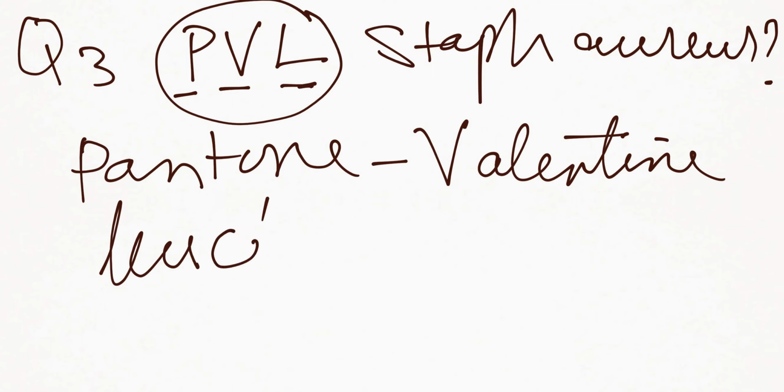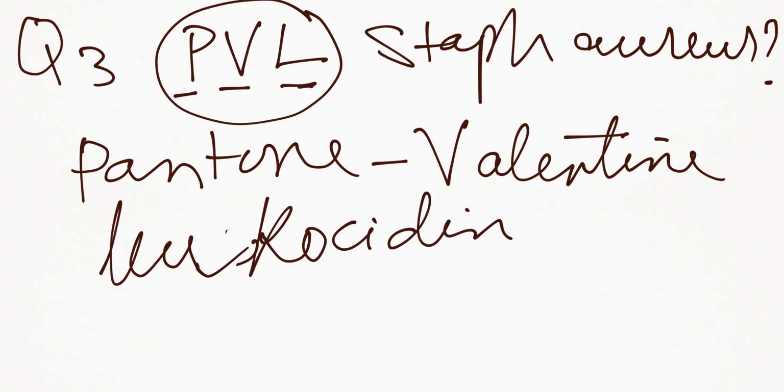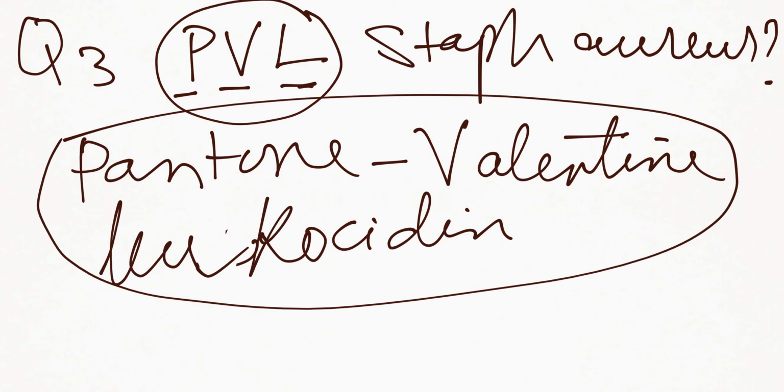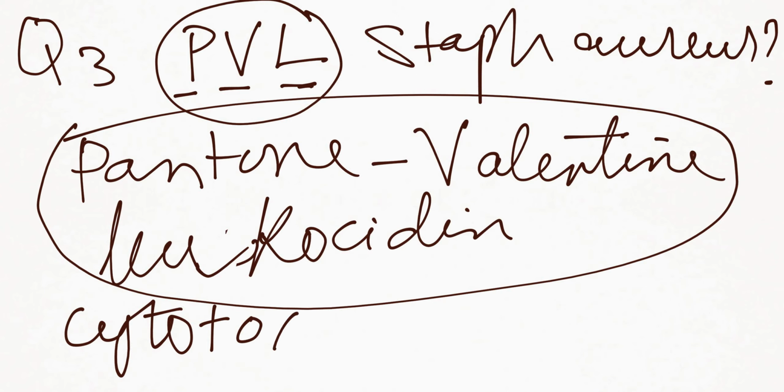I think there is no C here, as I remember. Anyway, it doesn't matter. It is an abbreviation for this name, Panton-Valentine leukocidin. Actually, it is a very potent cytotoxin. As we told before in another station, cytotoxins are stronger than enterotoxins and other types of toxins.